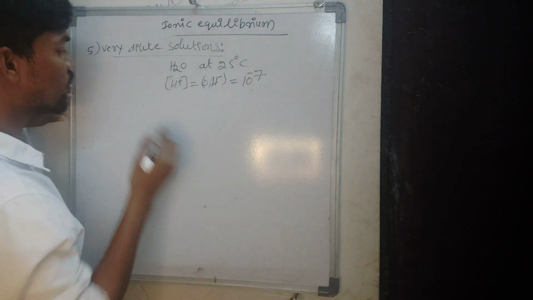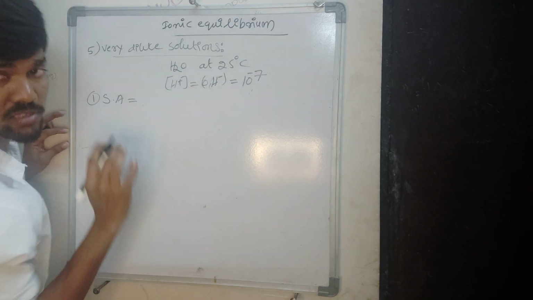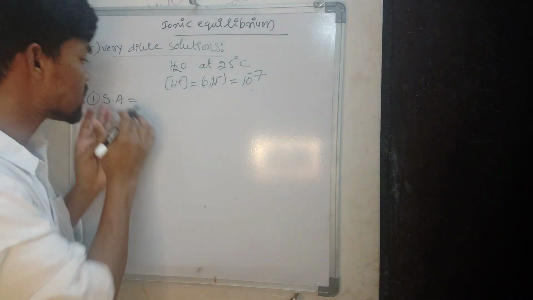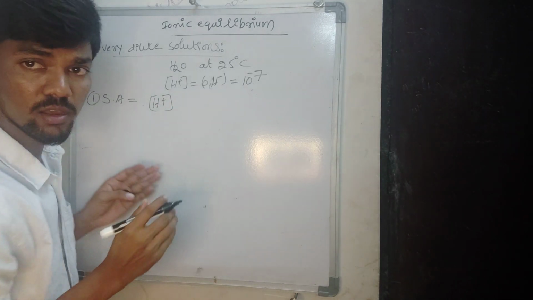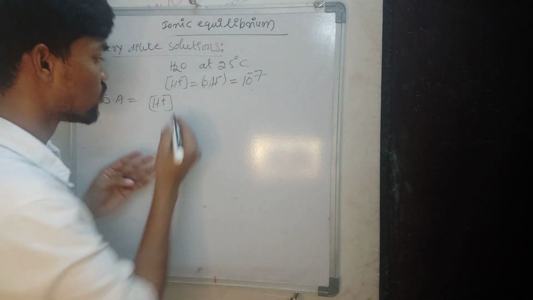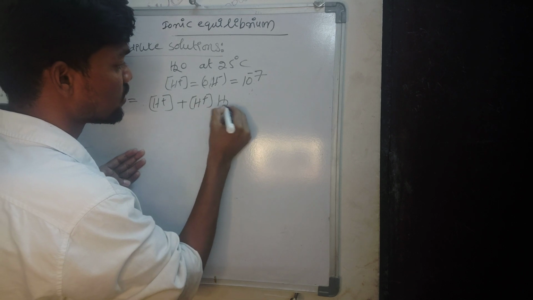Whatever it may be, suppose you take any strong acid, the H plus concentration from this strong acid, along with this you have to take the water concentration also, that is the H plus concentration from water.